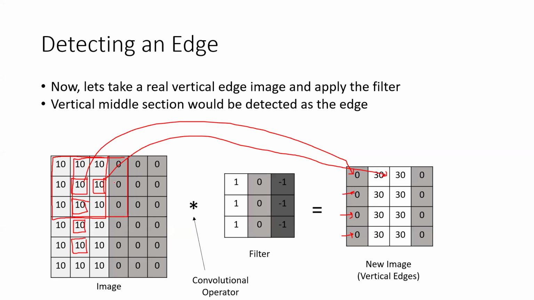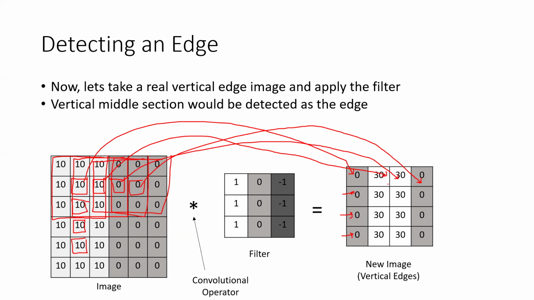Similarly, when you move the filter somewhat more to the right side, you will get a positive 30 for this pixel, right? When you move the filter even more to the right side, because all the values are 0, it would be 0 for the corresponding pixel value, right?